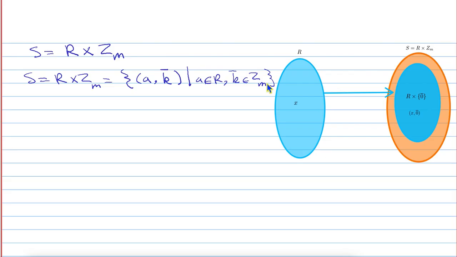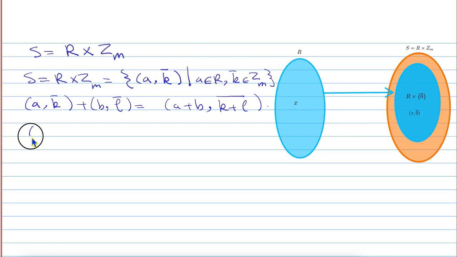Now, what are the operations? The operations are very similar to our construction of R cross Z, okay? So addition and multiplication are defined as follows. Addition: (A, K bar) plus (B, L bar) equals (A plus B, K plus L all bar).